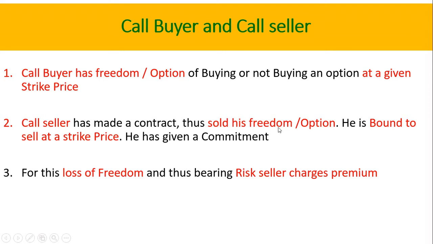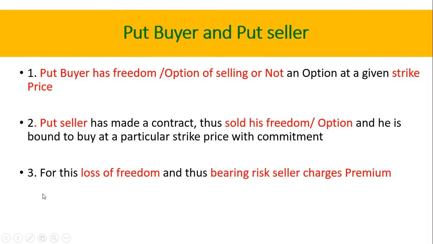He sold his freedom by receiving the premium. So he lost his freedom by giving a chance to buyer and he is taking a premium from the buyer. So call seller will receive the premium from the call buyer. So he is selling the freedom option to the call buyer.